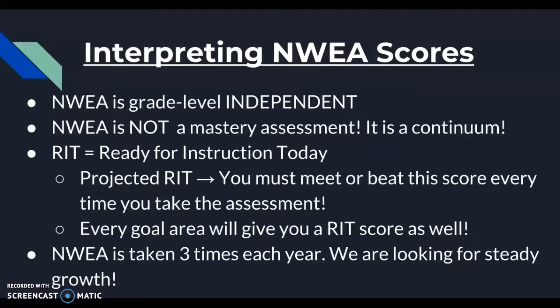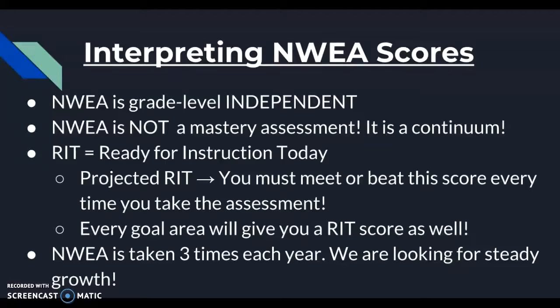What we want all of our students to do is accelerate, which means you are beating your projected RIT score. So if you got a 208 on your first assessment and your projected RIT score was a 213, but you got a 215 or even a 217, then that's what we consider acceleration. And that means you're making even better growth.